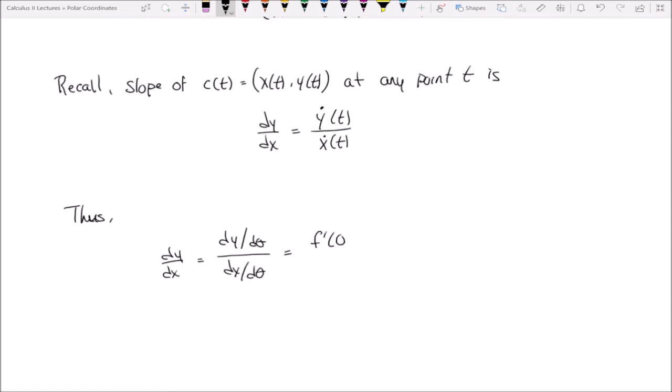So f prime of theta times sine of theta plus f of theta times cosine of theta, all over f prime of theta times cosine of theta minus f of theta times sine of theta.